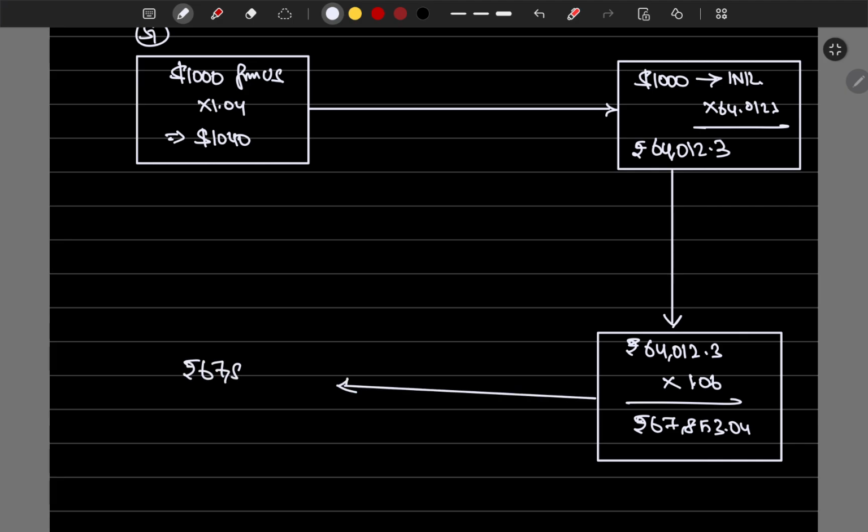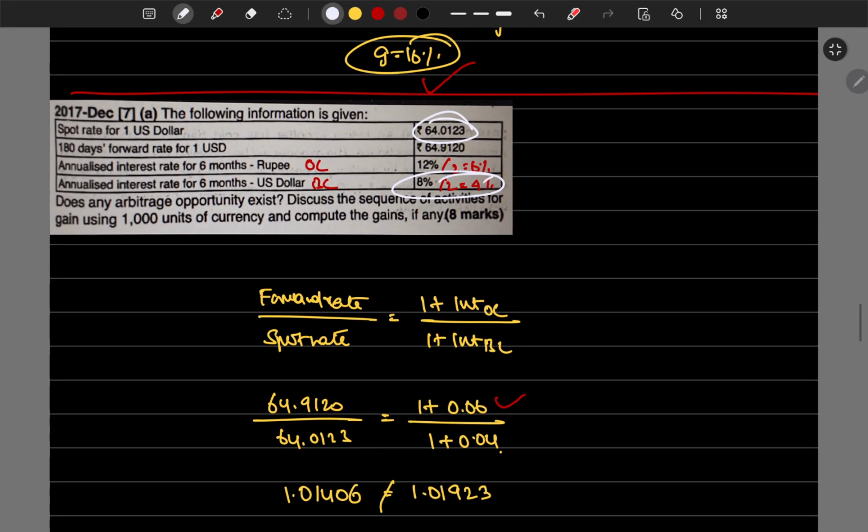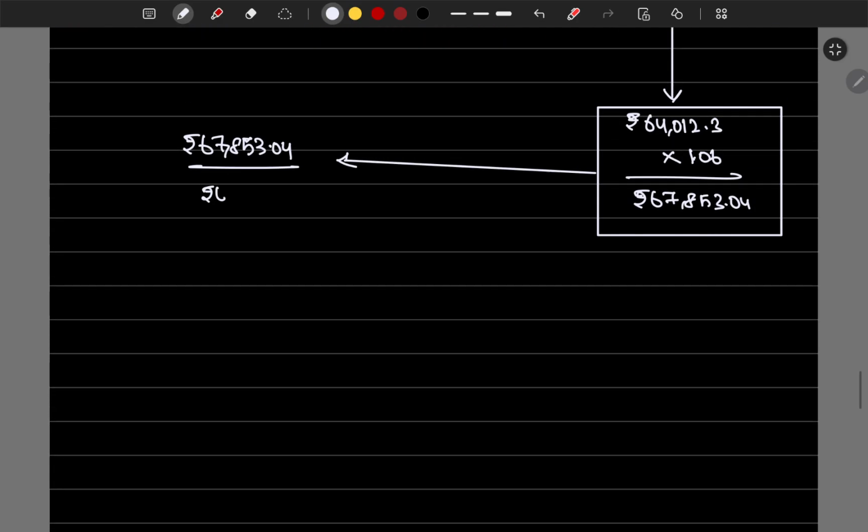Rupees 67,853.04 divided by the rate at 6 months, which is 64.9120. How much will we be getting? $1,045.31.